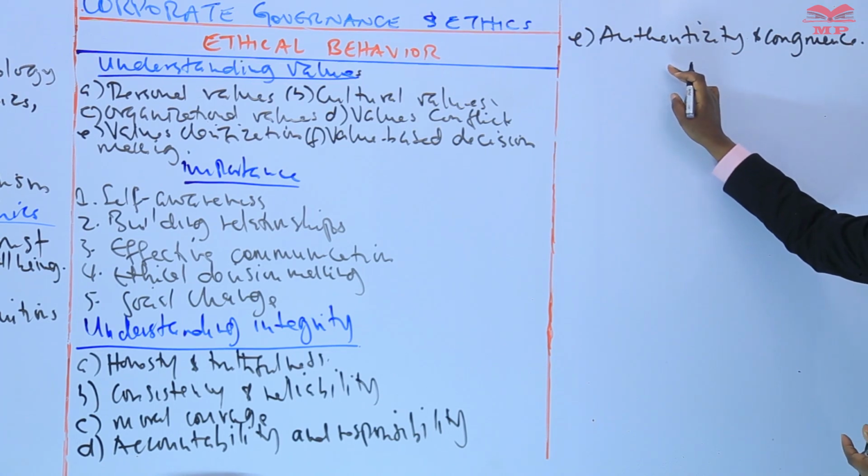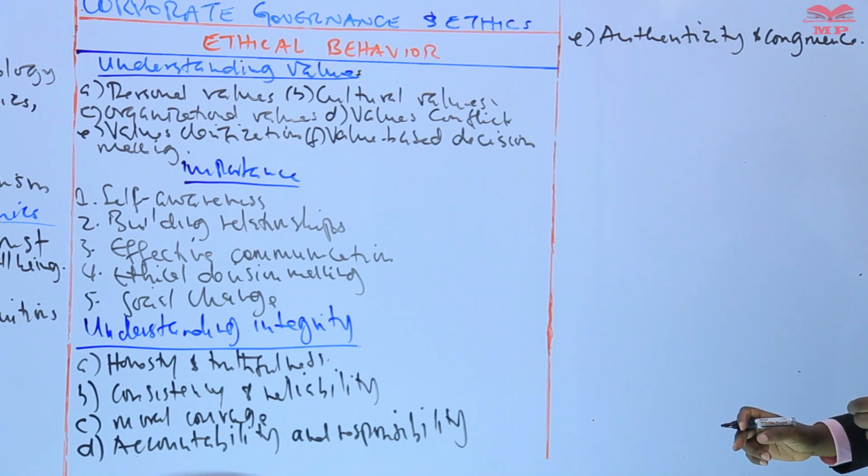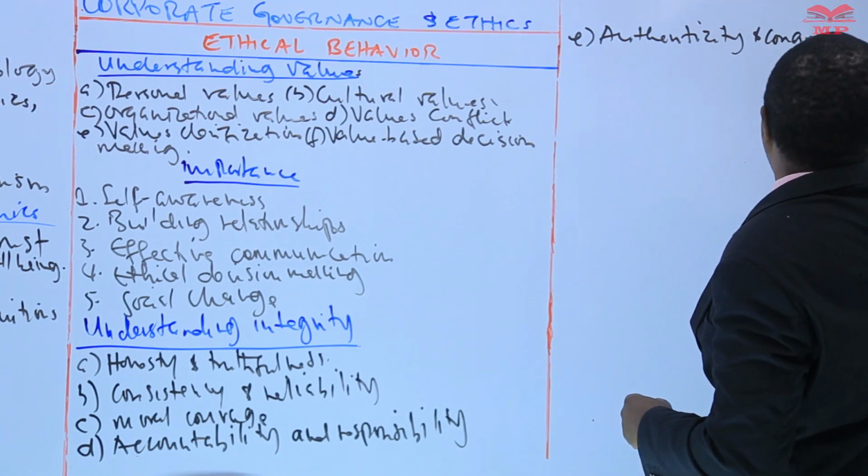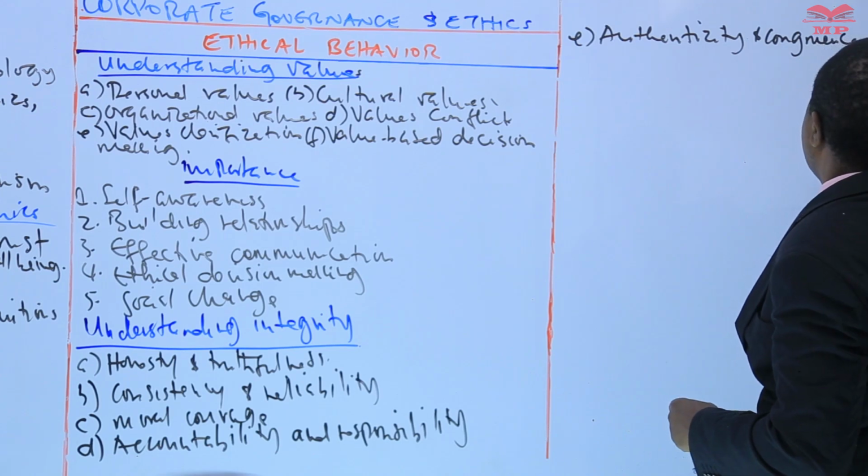Congruence, all right? Aligning your actions with your beliefs and values and avoiding hypocrisy. That is authenticity and congruence.